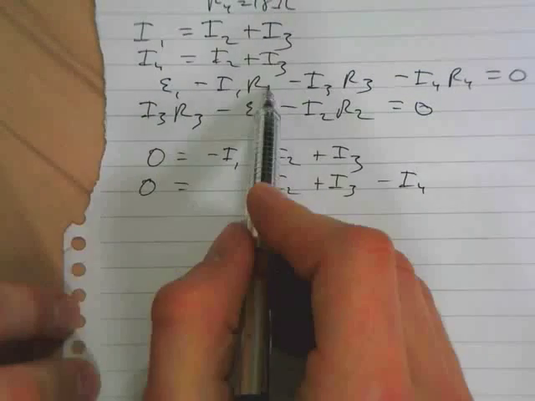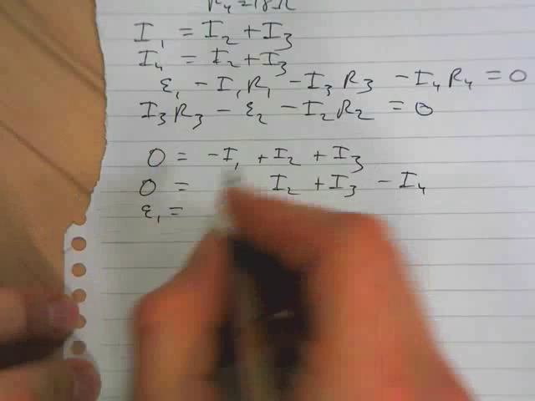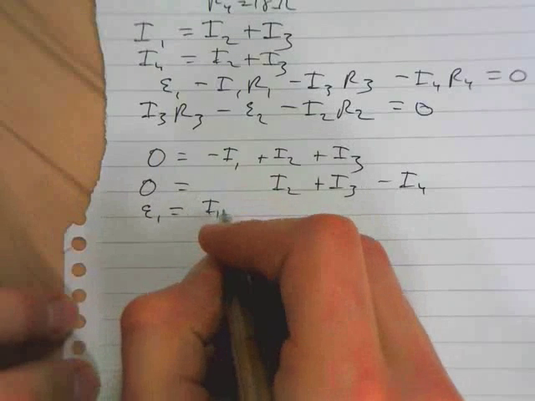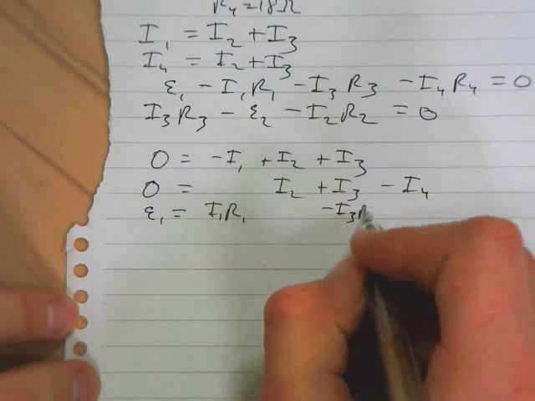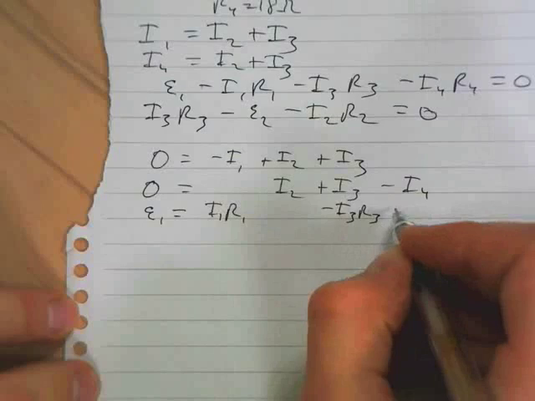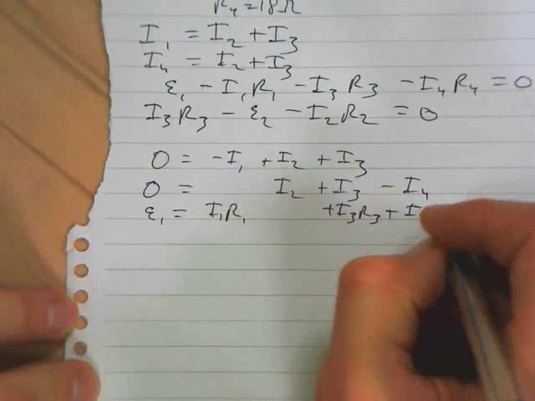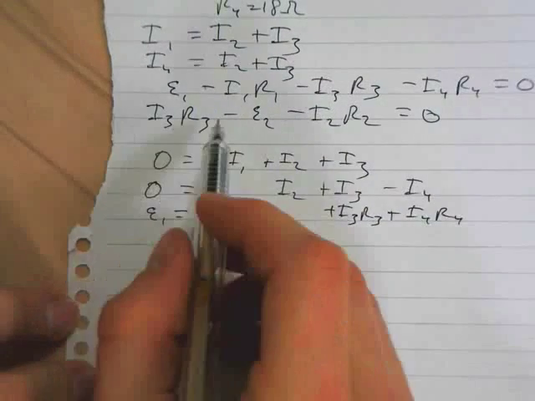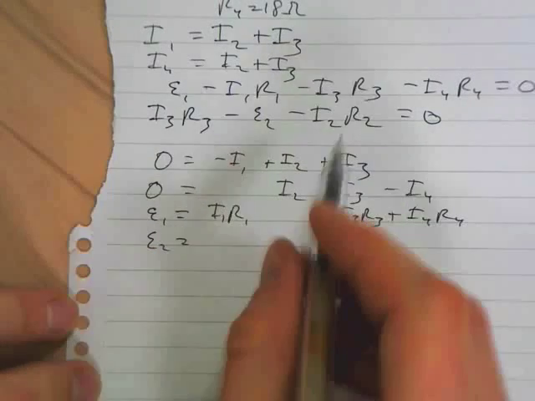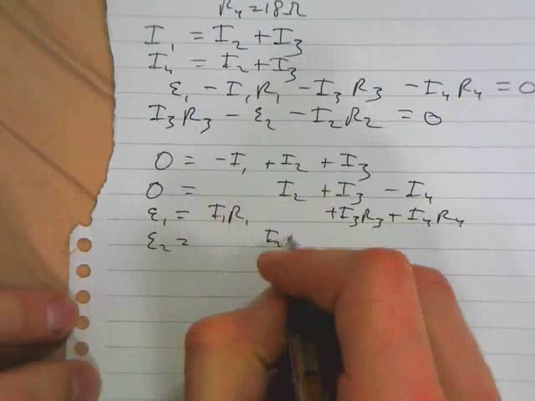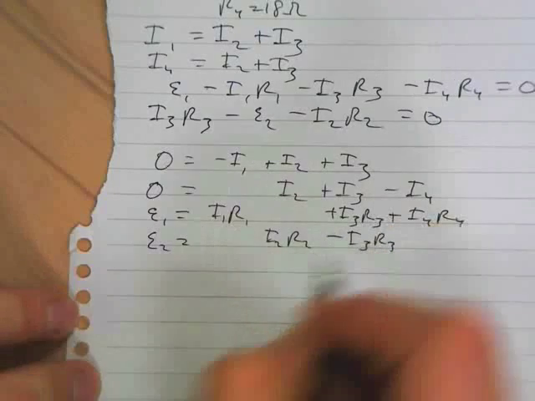This one, if I rearrange this, I can say E1 equals I1 R1 minus I3 R3, plus I4 R4. If I rearrange this one, I can say that E2 equals I2 R2 minus I3 R3.